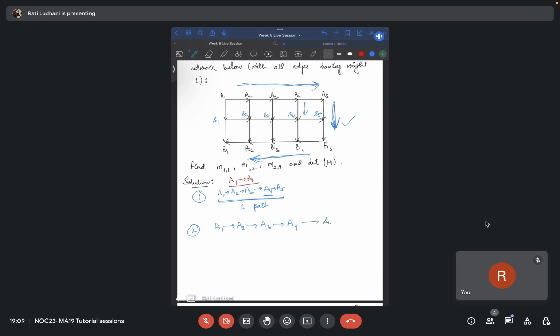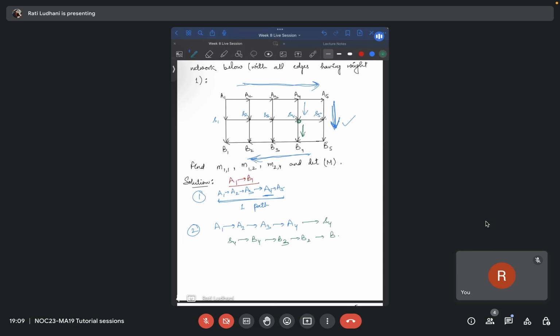Now at S4, how many paths are there? How many paths can you consider? With green I am doing right now. S4 to B4, B3, B2 and B1.